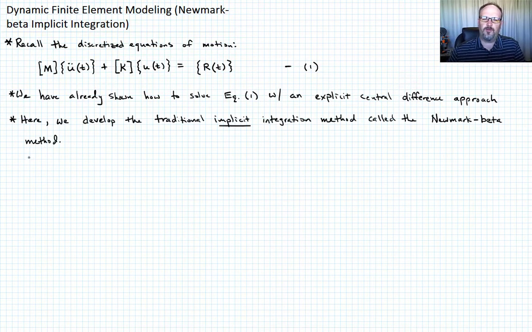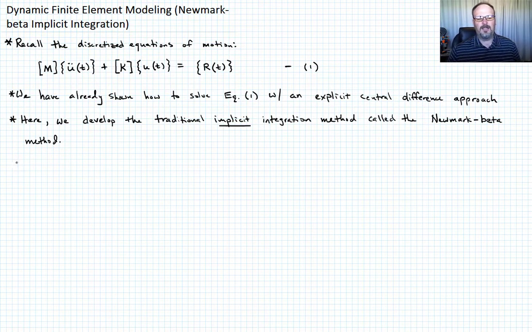If you remember from a numerical methods class, in an explicit approach we take everything from the previous time step and push it forward into the next. In an implicit approach, we write our equations with a component from the previous time step and a component from the current time step, and then solve for the current time step that we care about.